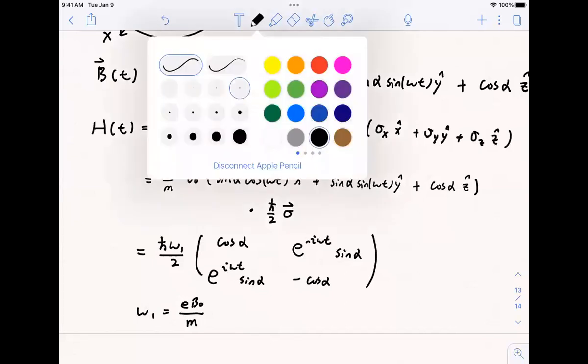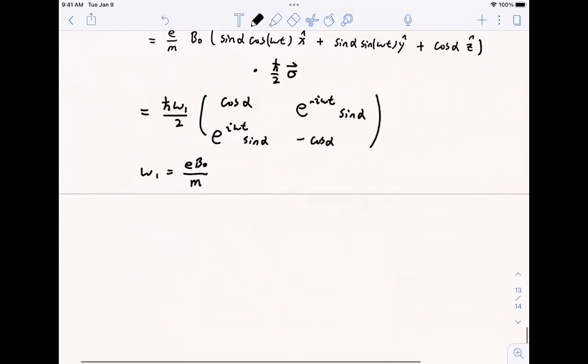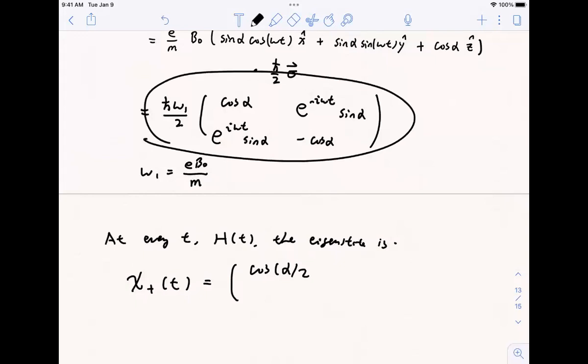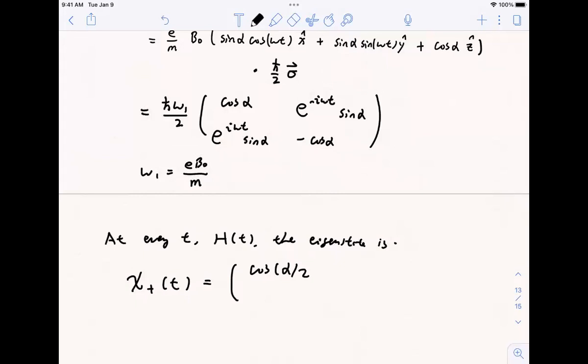Then at every instant in time t, the eigenstate is this. I'm not going to prove it, but you just solve this matrix, you get two eigenstates, and these two eigenstates will have this form.